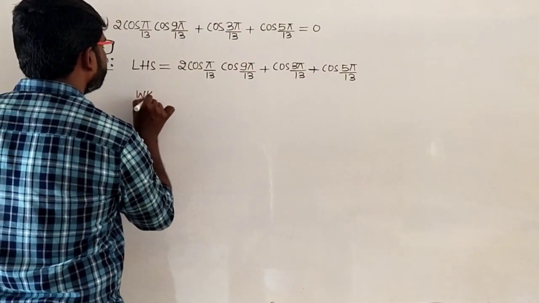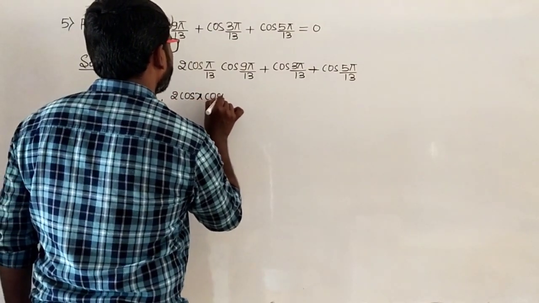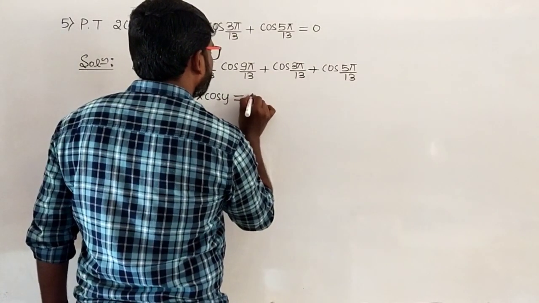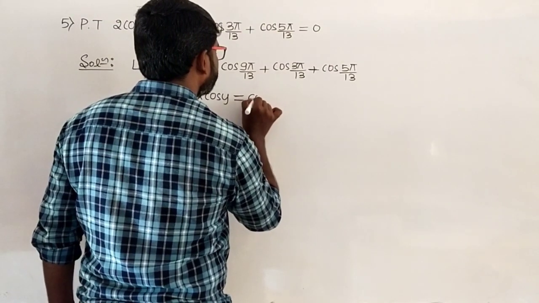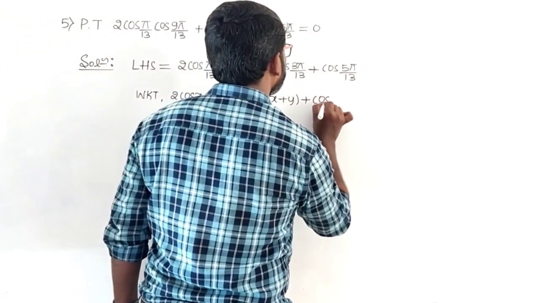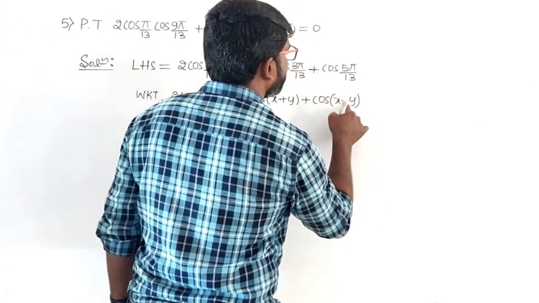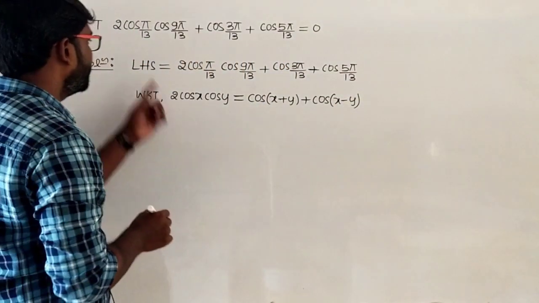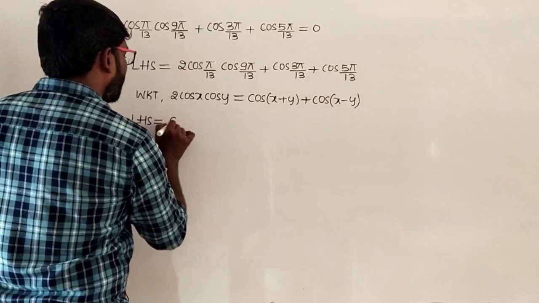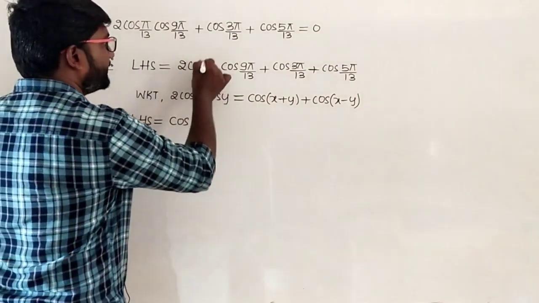We know that 2 cos x cos y is equal to cos of x plus y plus cos of x minus y. So now left hand side, 2 cos x cos y can be written in this form, cos of x plus y, this is x, this is y.